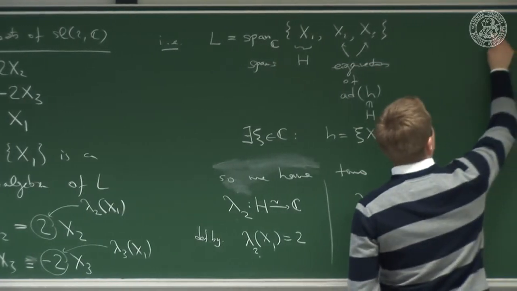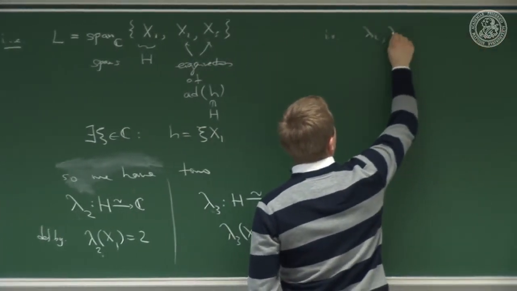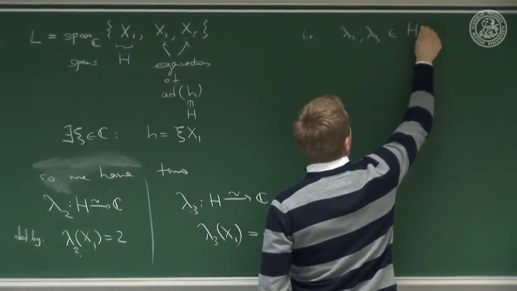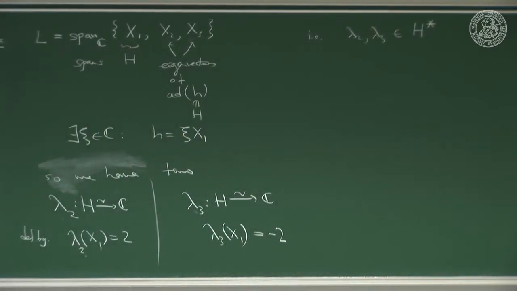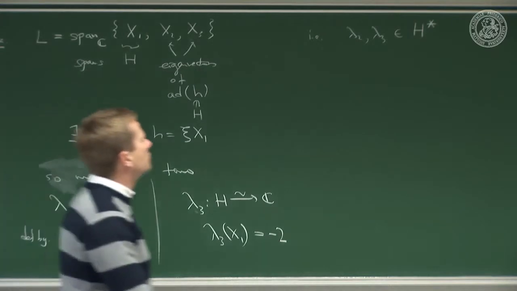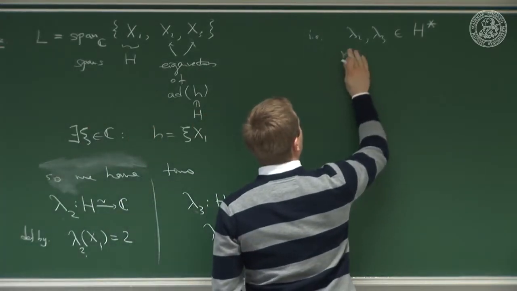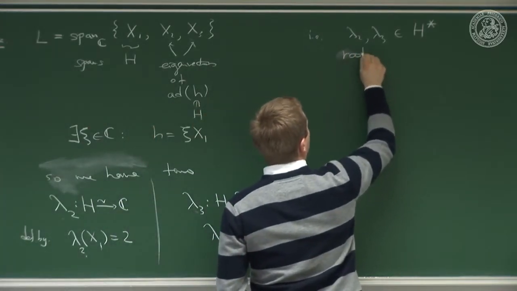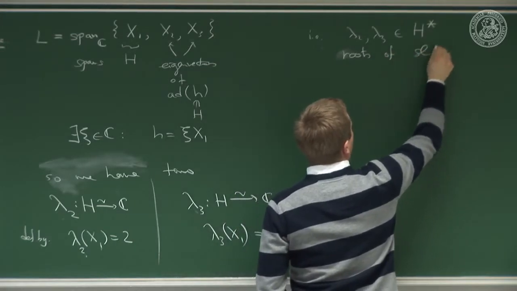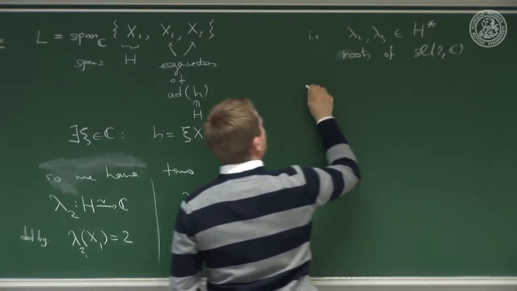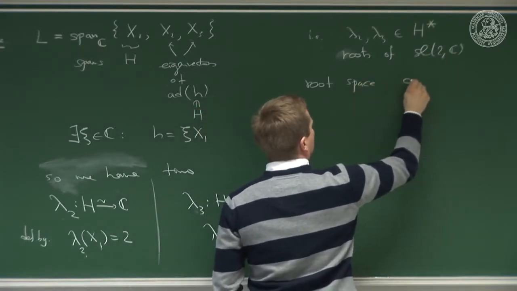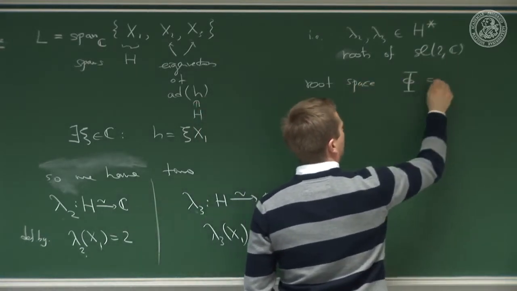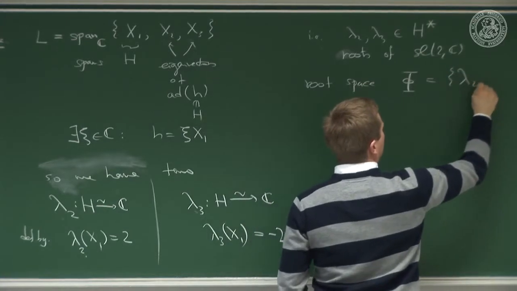And so, of course, lambda 2 and lambda 3 are therefore elements of the dual of the Cartan subalgebra, and they're called the roots. They are the roots of SL2C, and the entire root space, which in the general case we always called capital Phi, simply consists of these two.